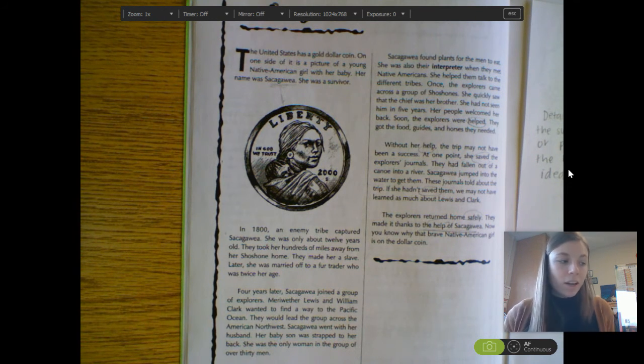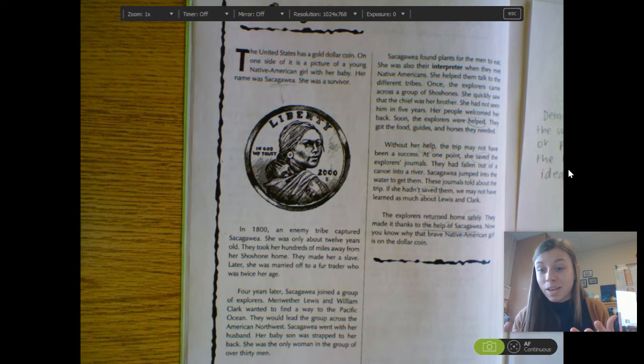So when you're writing, a good way to start or explain what the main idea is, is by saying, the main idea of the text, or the passage or the story, any of those words work, is blank. I know this because blank.